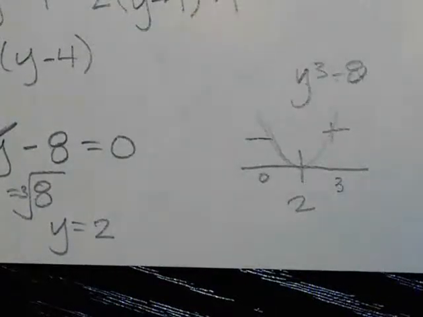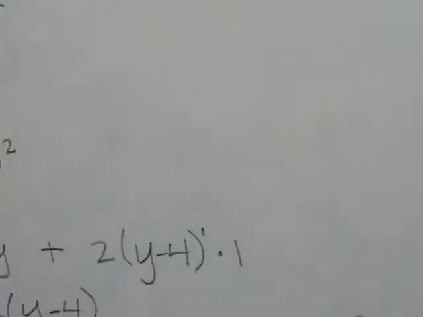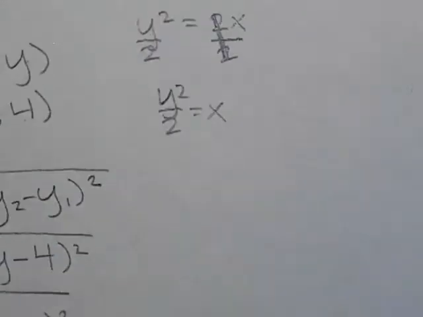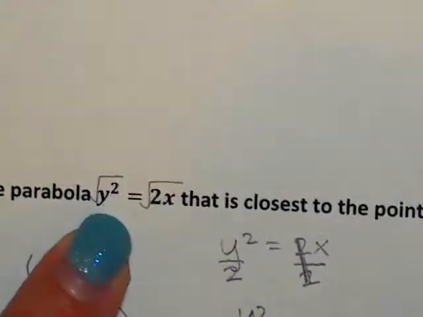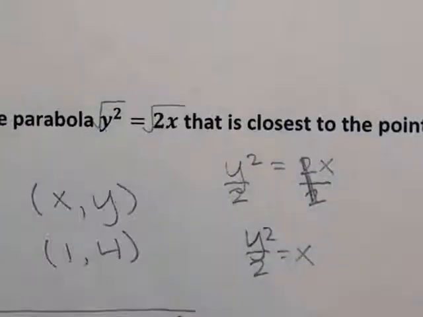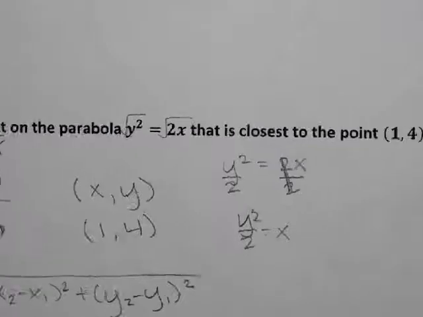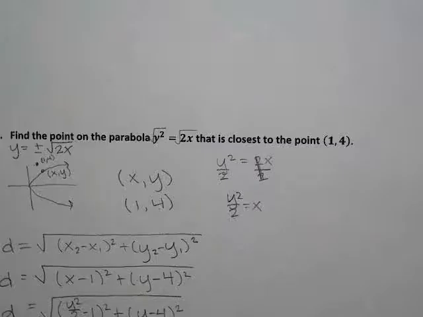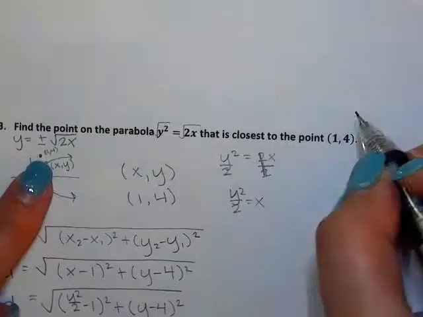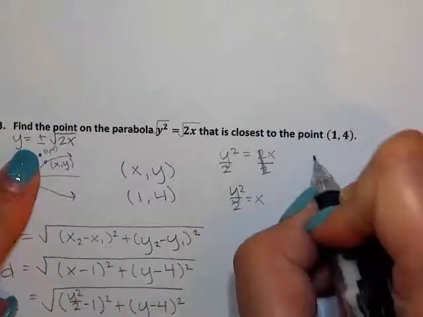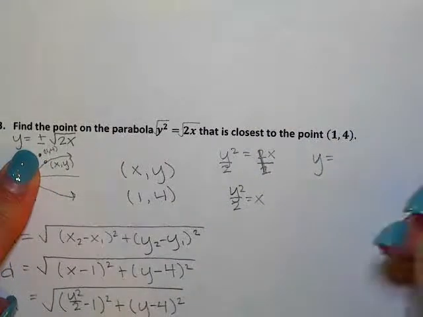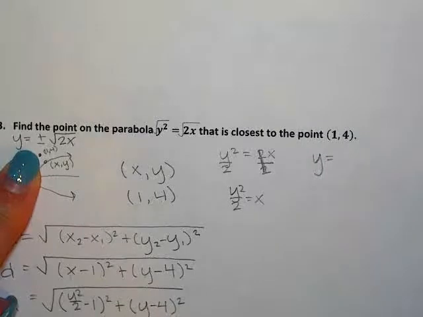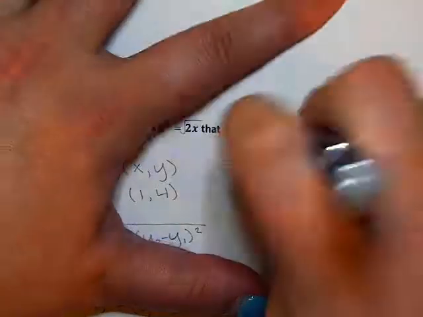So now we need to find our x coordinate. So plug it back in. We'll go ahead and zoom out. So we got y equals, we got 2 squared equals 2x. 4 equals 2x.